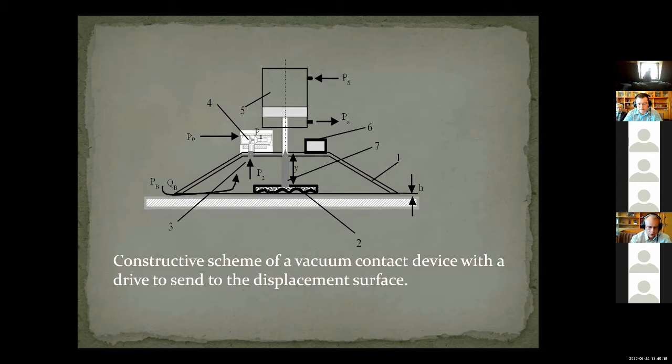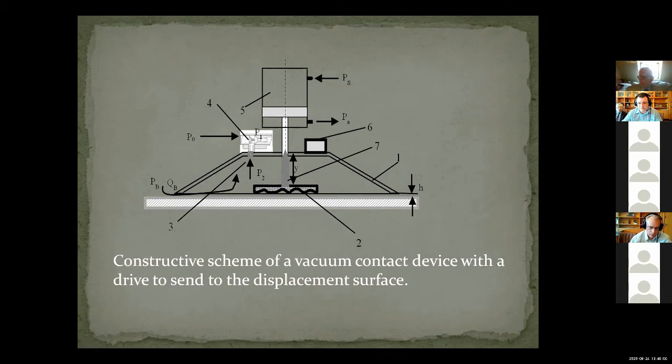The design diagram of one vacuum contact device in this figure includes the following components: elastic seal, number 1; step bearing; chamber, 3; and vacuum generator, 4; pressure drive 5; position sensor 6; and plunger 7.